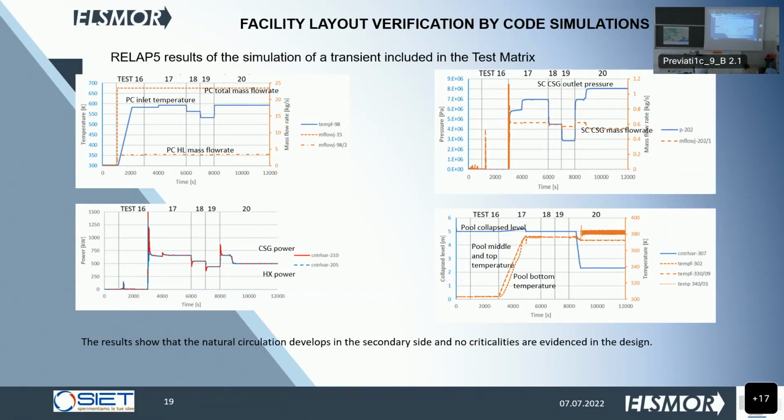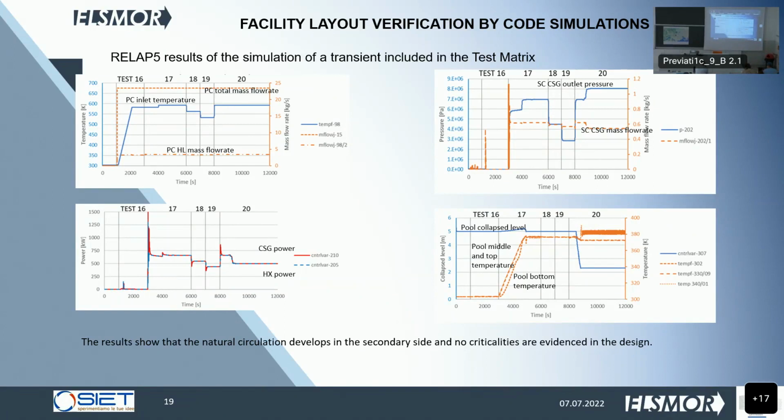And power doesn't decrease much at the different conditions that are established. Obviously, when the primary circuit temperature decreases, also the power decreases. When it increases, okay, it increases. But when the pool has a low level, well, power is a little lower.